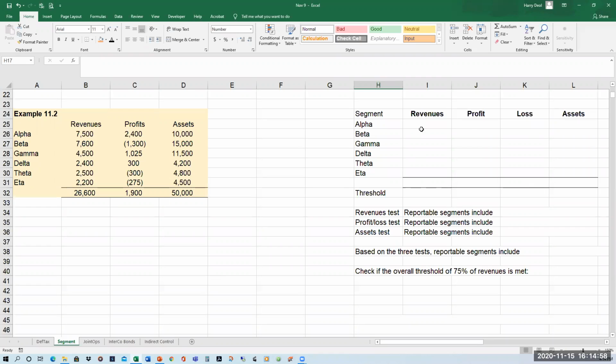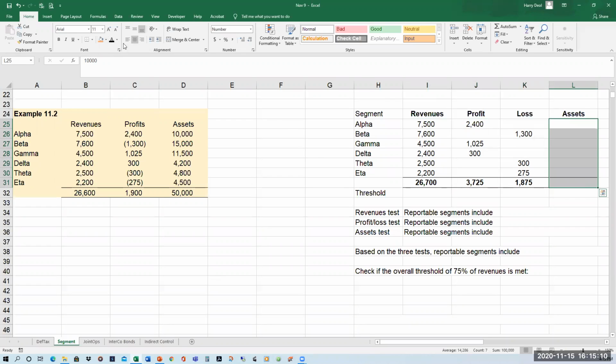And once again, if we were to look at the revenues, separate the profits and losses, and add up the assets, we would get our threshold for the revenues will be 10% of 26,700, or 2670. The greater of total profits or total losses is 3725. So that'll give us a threshold of 372.5 for the profits and losses. And for the assets, it's 10% of the total assets, 5,000.